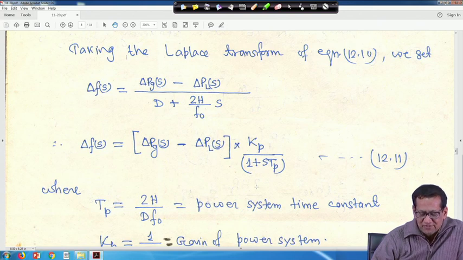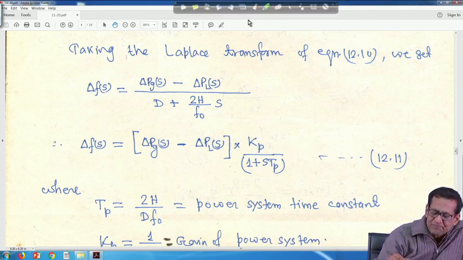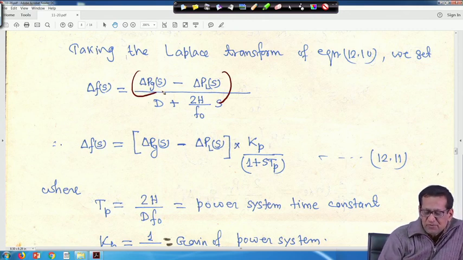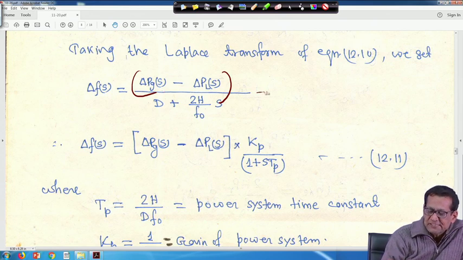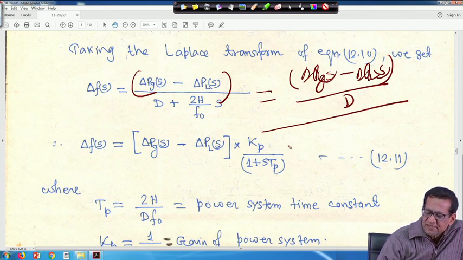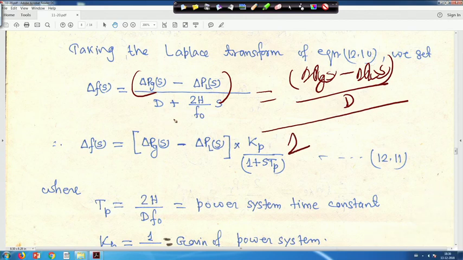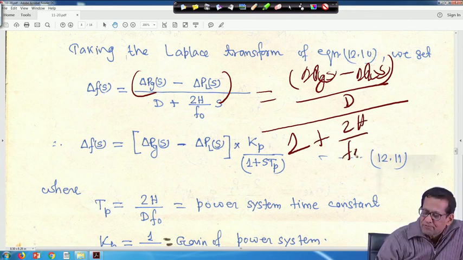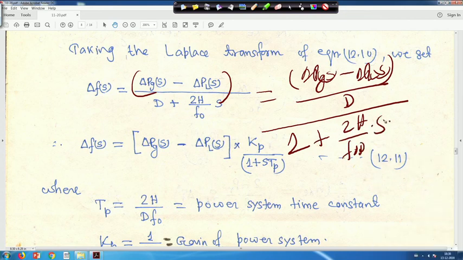In this equation, in numerator and denominator, you divide by D. So this can be written as delta Pg(s) minus delta PL(s), divided by D, and the denominator also divided by D.